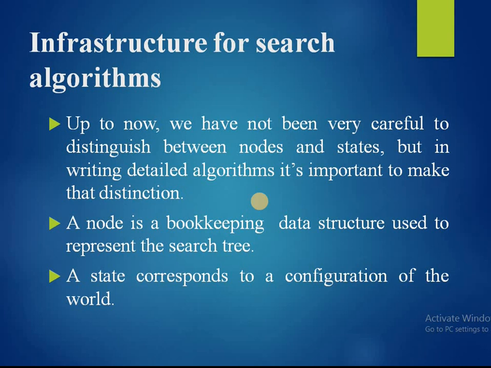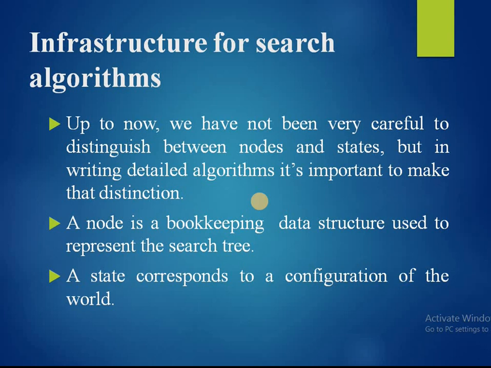Up to now, we have not been very careful to distinguish between nodes and states. But in writing detailed algorithms, it's important to make that distinction. A node is a bookkeeping data structure used to represent the search tree.